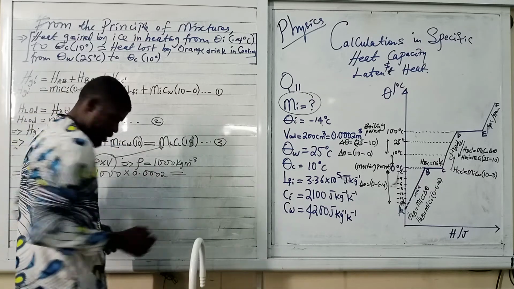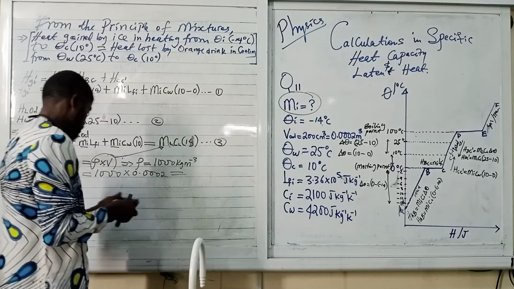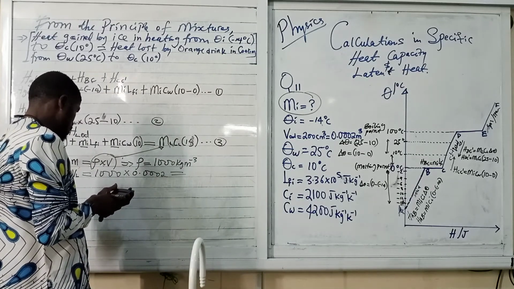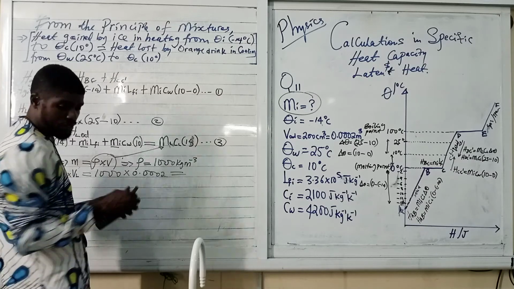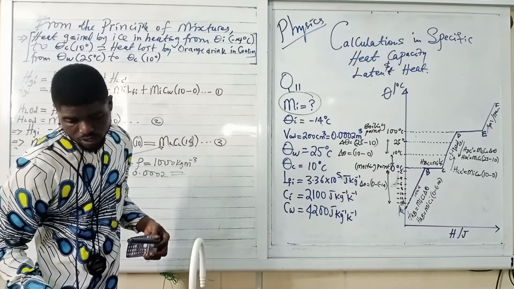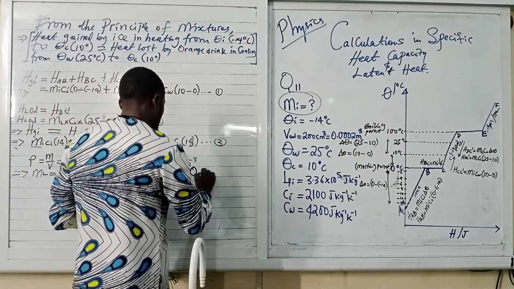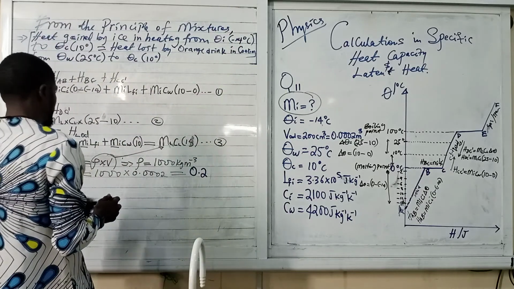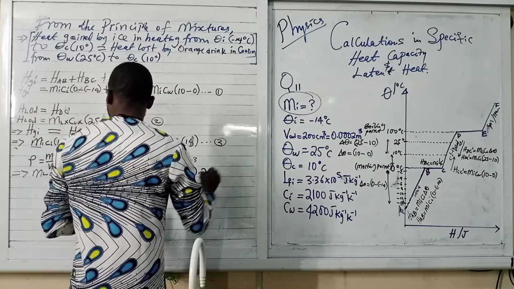1,000 times 0.0002. The answer is 0.2. Yes, we have 0.2 kilogram.